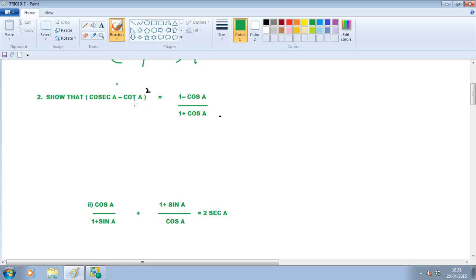Cosecant A minus cot A, the whole square, is equal to (1 minus cos A) divided by (1 plus cos A). We have to show that.